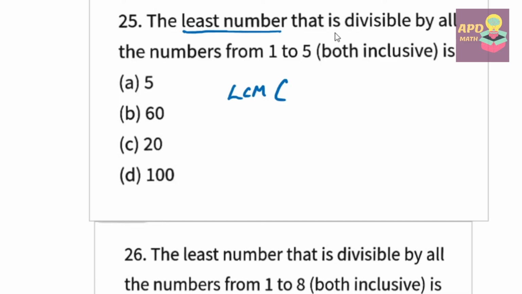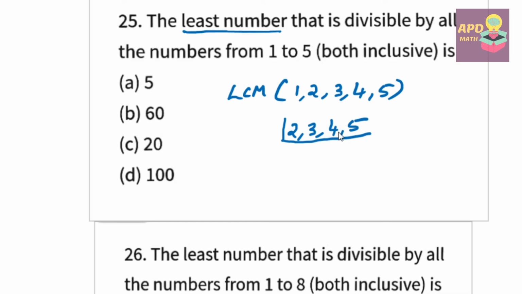LCM of 1, 2, 3, 4 and 5. No need to take the 1, so 2, 3, 4, 5.